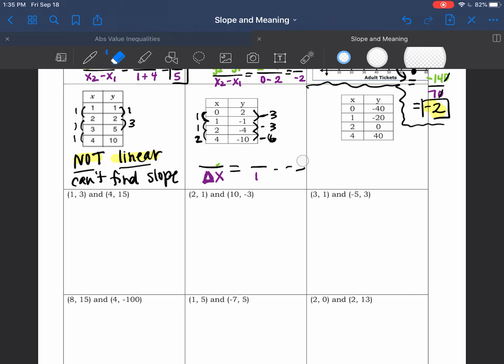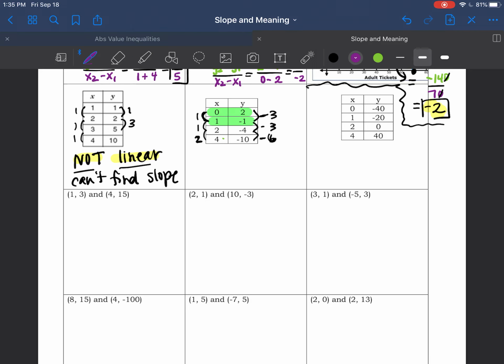If you want to use the same method we were using on the graphs, you just pick 2 of your favorite points. I don't like big numbers, so I'm going to go with 1 and -1 and 0 and 2. Okay, I'm just going to highlight them.